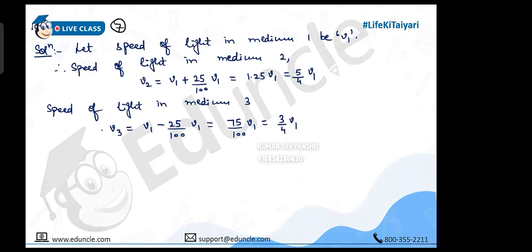Yes, sir. So now we can add them, and just add them to get the correct relation between V2 and V3.